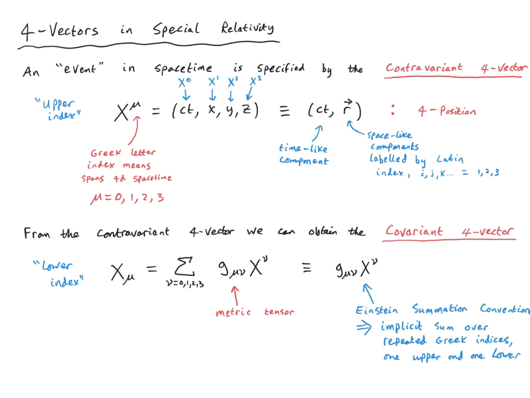And, furthermore, one of the indices is in the lower position and one of them is in the upper position. If we ever see something like that, then Einstein's summation convention tells us that we should just implicitly sum over the values of nu, which means, in practice, nu equals 0, 1, 2, and 3. This is referred to as contracting the 4 vector.